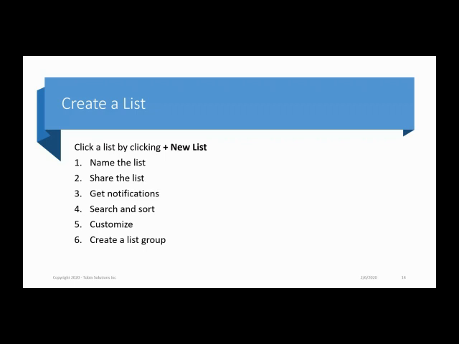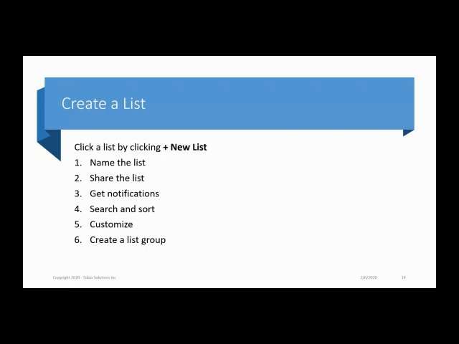And once you're inside that, you can then share the list with other people. So maybe you've got some tasks in there that are just for you, but maybe you want to share it with your significant other. Maybe you want to share it with someone else on your team. Once you create these lists, you can share them back and forth, which is kind of cool. So maybe you're working on a project with somebody for the weekend and you guys need to get 5 or 6 things done.